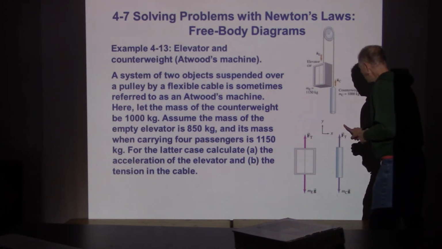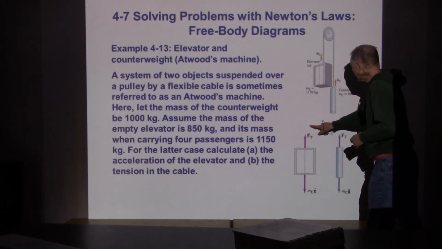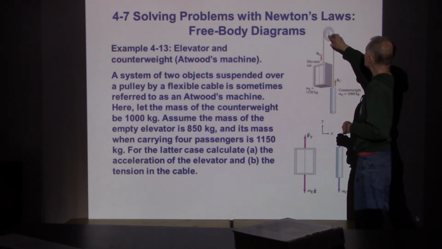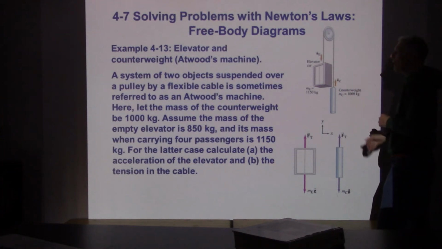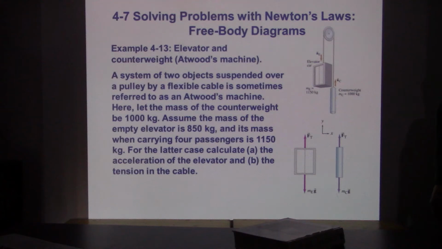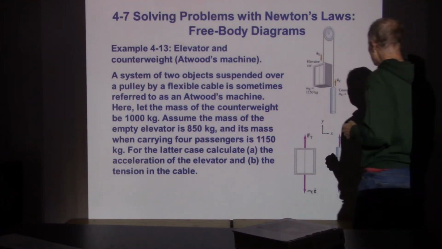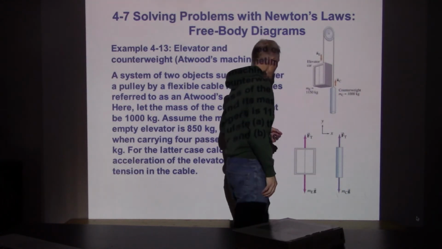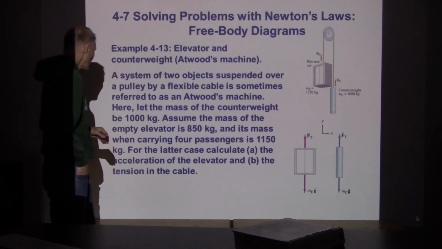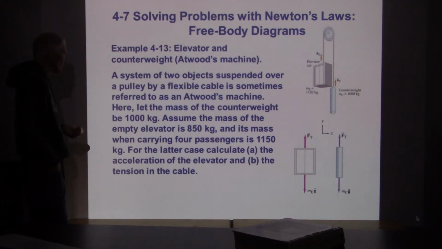Now, these two tensions are the same because, again, we're assuming the cable has very little mass and the pulley has very little mass, and that there's no friction involved in the pulley rotating. So that's not going to contribute to differences in tension. So these two tensions are going to be the same, and what they want to know is what's the acceleration of this system, and what happens with the tension in the cable.